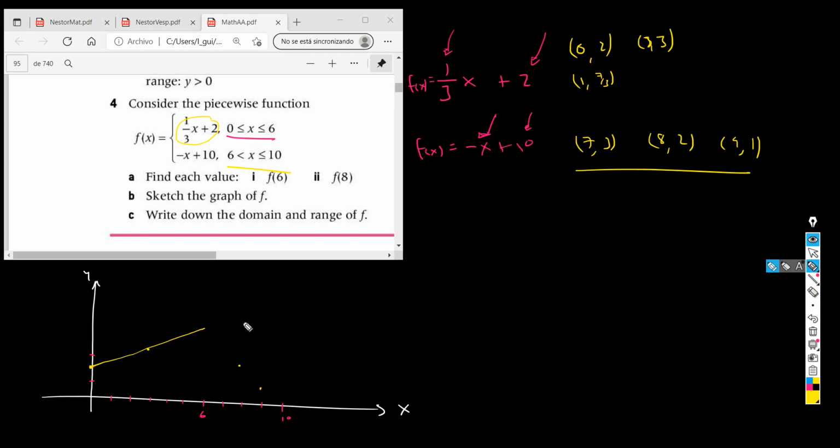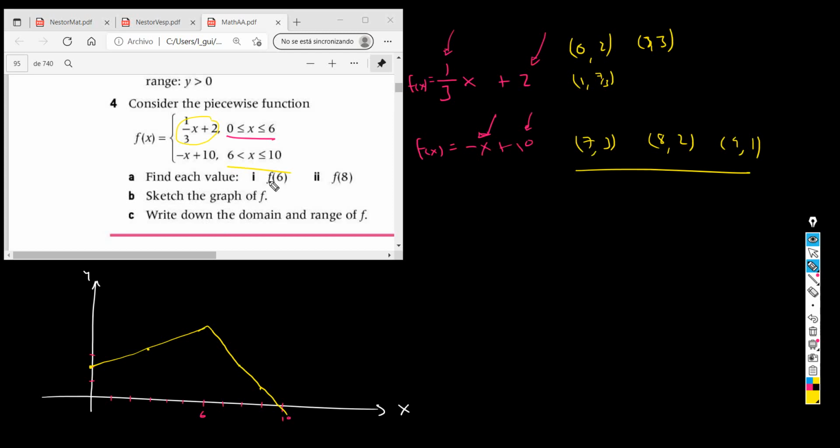It's gonna look a little bit like this, a little bit like that. It's gonna look like this, more or less, guys. Of course, if you drew it more carefully, it's gonna be better, right? We're gonna check in Desmos in a moment.